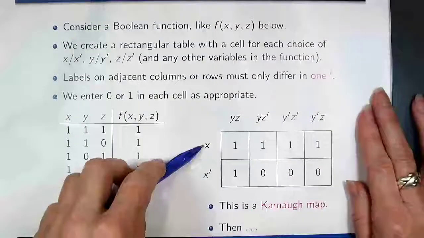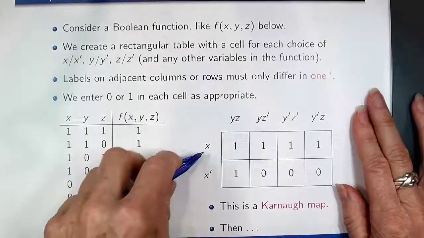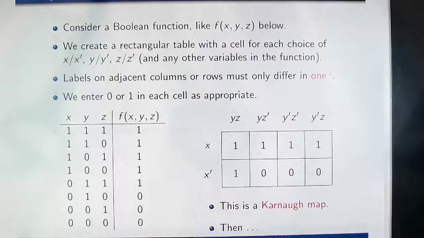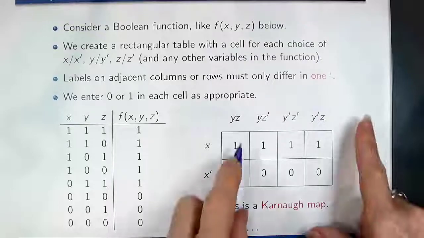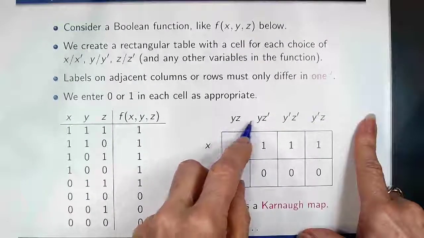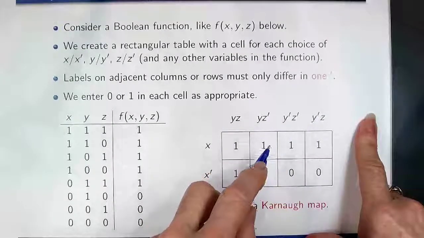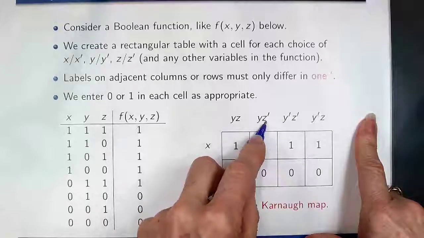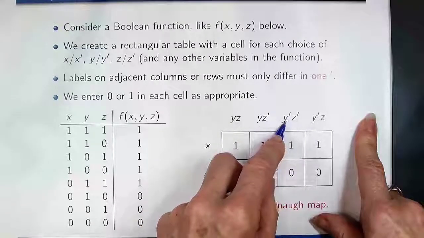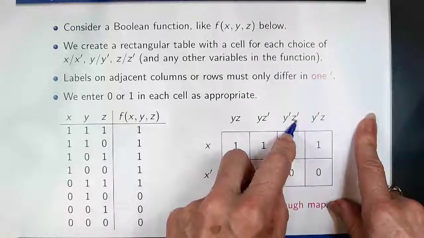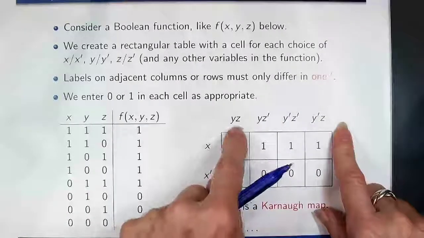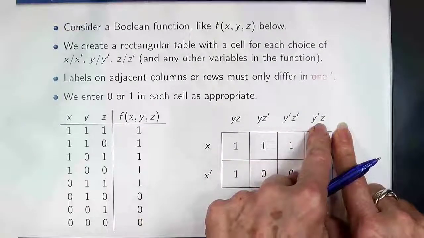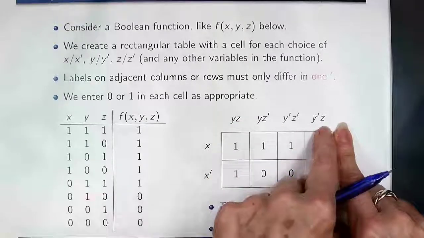So for the x's, I'm going to put x and x dash. I'm going to cover every possibility. And across the top, I'm putting every possibility of y and z with nots in there: YZ, Y not Z, not Y not Z, not Y Z. See, we've got all four possibilities across here.